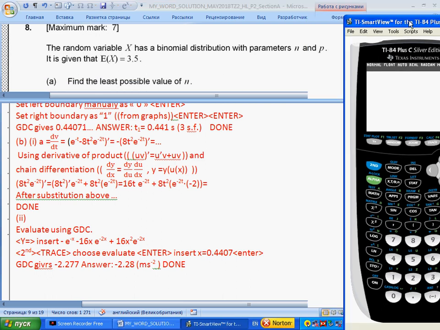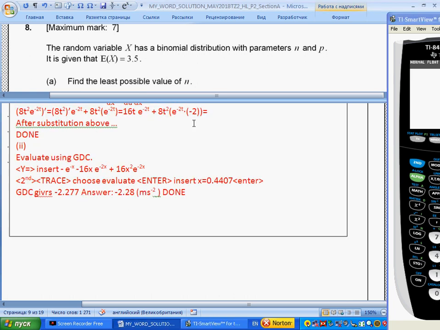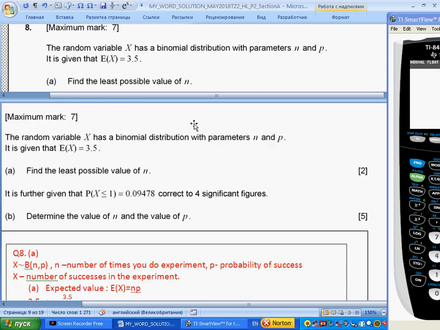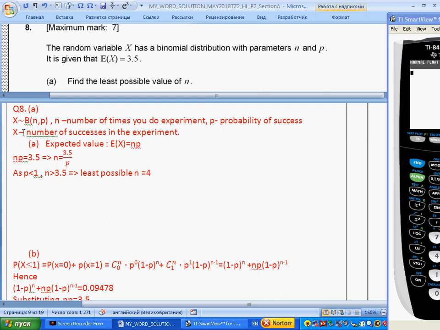Okay, so question 8. Random variable binomial distribution parameters n and p. It is given that expected value is 3.5. Find the least possible value of n. Let's look to the solutions. So binomial distribution parameters n and p.